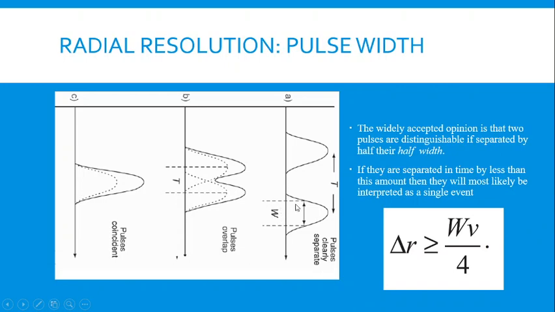If we consider W as a half width, then half of this half width is the minimum requirement for any signal coming back from the subsurface to be considered as good resolution.